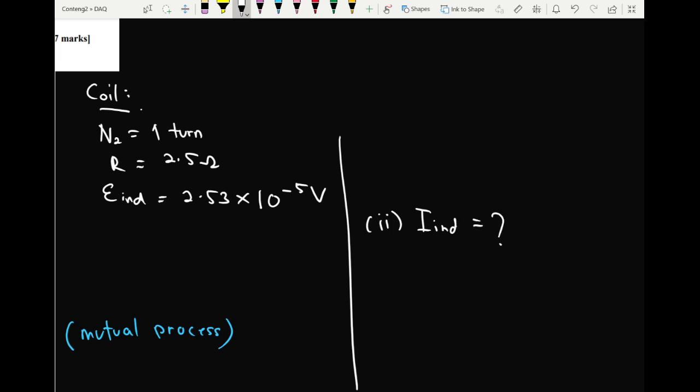You have the induced EMF and the resistance, so just use induced EMF equals induced current times resistance. Then just substitute the values, because it is the magnitude, choose the positive value.